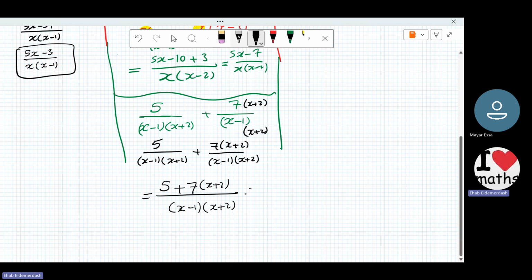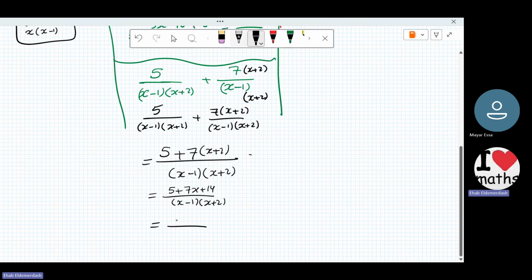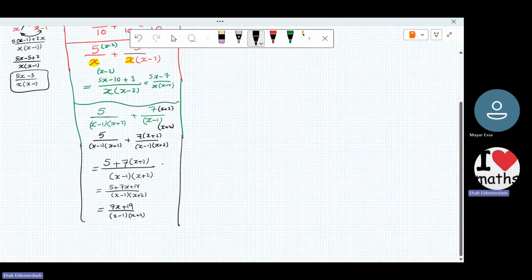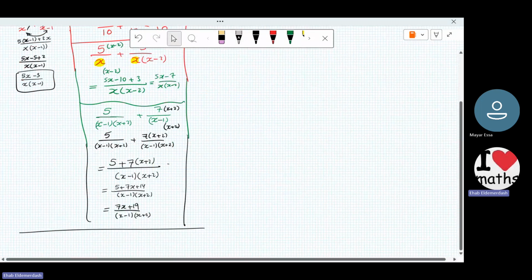Here I can expand the 7 into (x plus 2): 5 plus 7x plus 14 over the same denominator. Then I can simplify as much as I can: it's 7x plus 19 over the same denominator. Am I clear for this type? Does anyone understand this type with me, guys, or not yet? Did you understand or not?